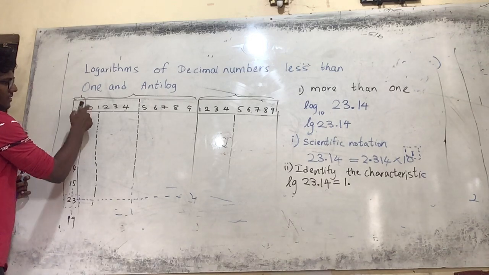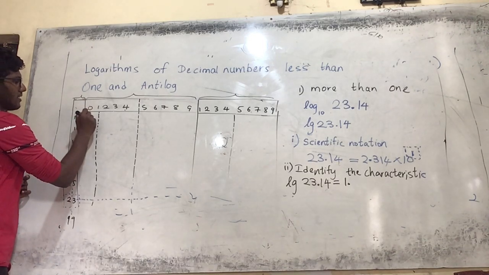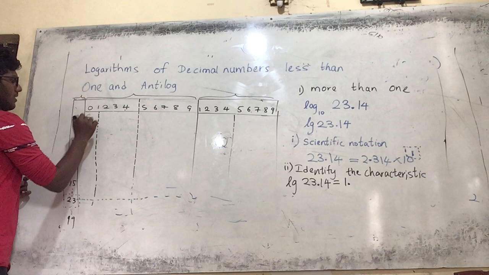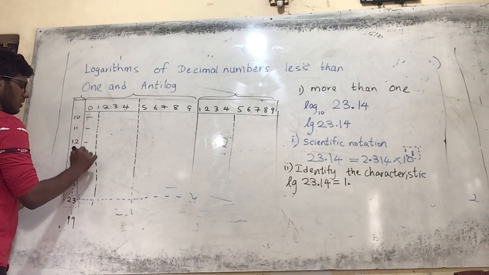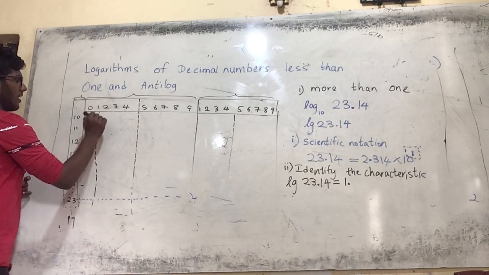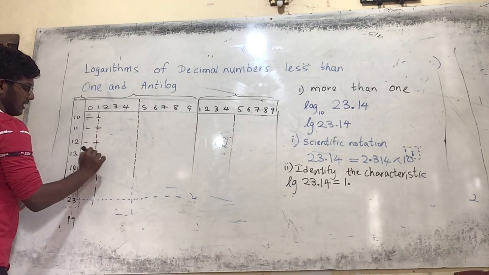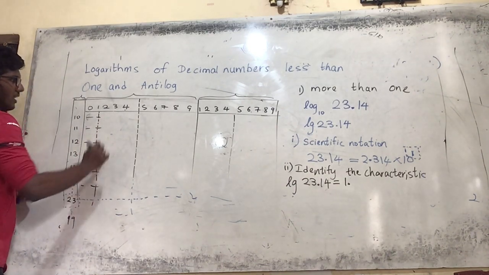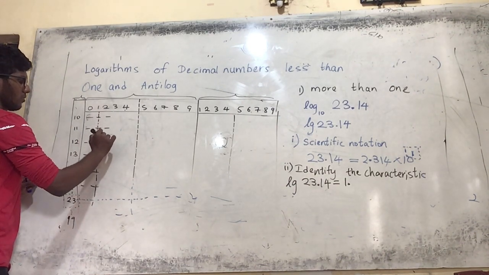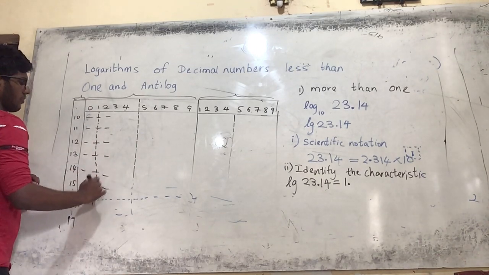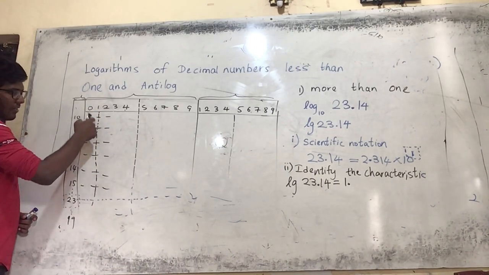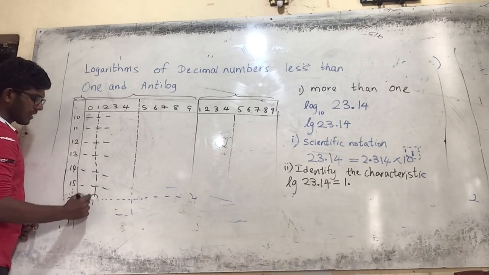So you have numbers under 0 like this, written. Then under 1 numbers. In the log book you will find them. Under 2, 3, 4. So you have to go to the number 1 column. And here you will find the value.